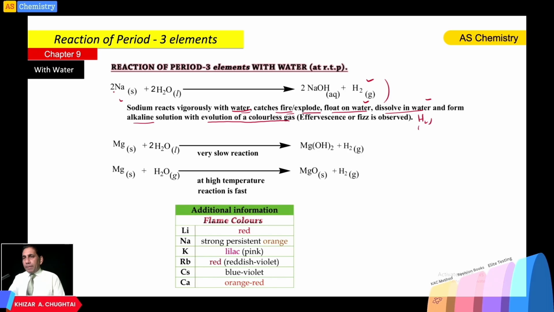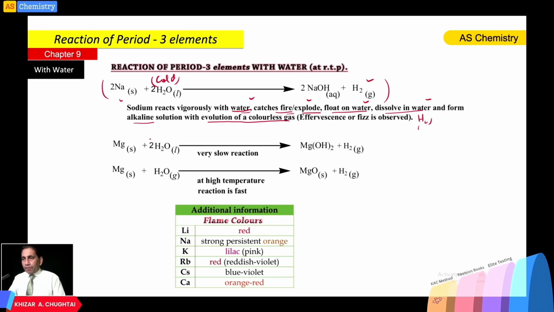Sodium in period 3 is going to react vigorously with cold water, catching fire, floating on the surface of water, making the solution alkaline, and making hydrogen gas, which is the basic cause of fire. So that is the vigorous, violent reaction.